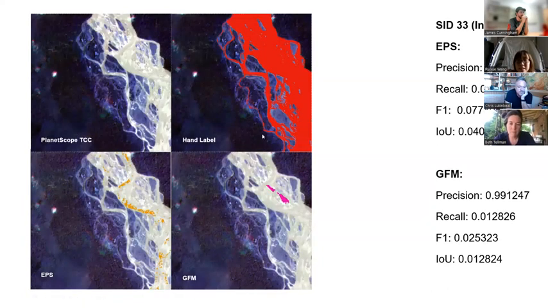Now here's another example where both of them didn't really do well, which is the Great River in Indonesia.